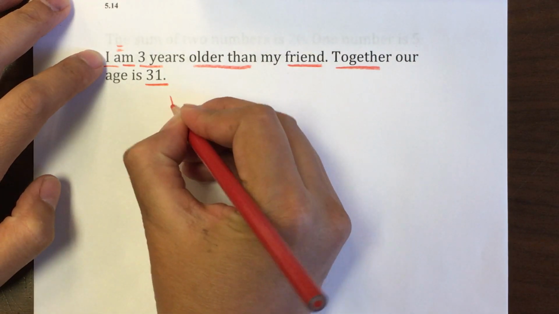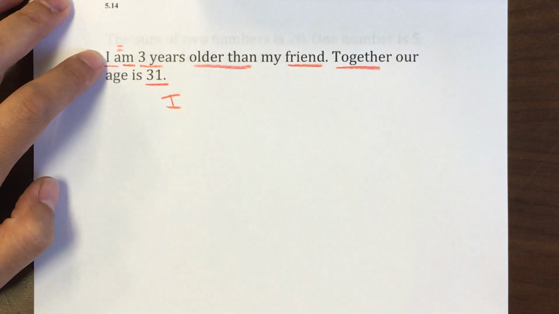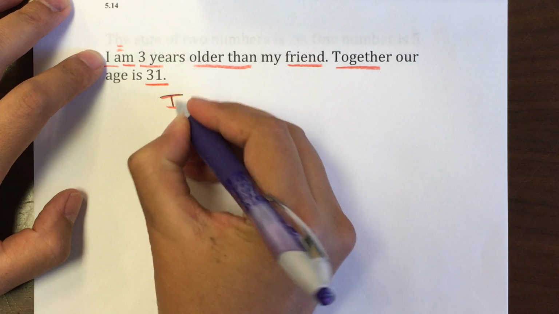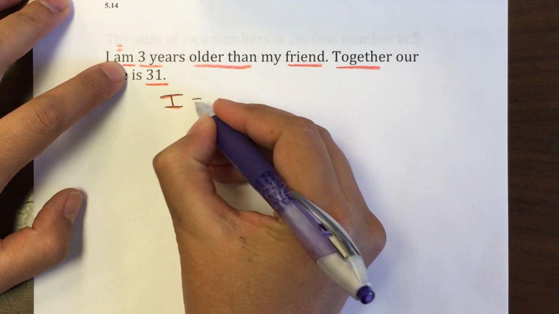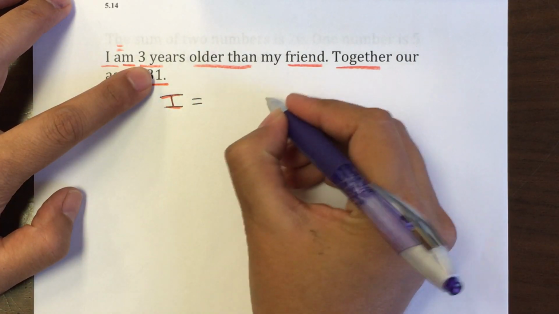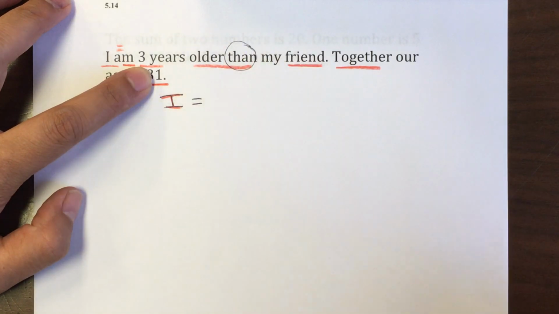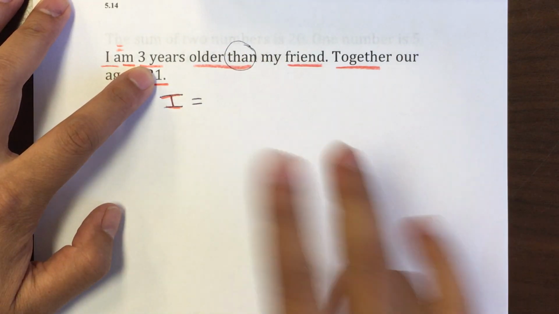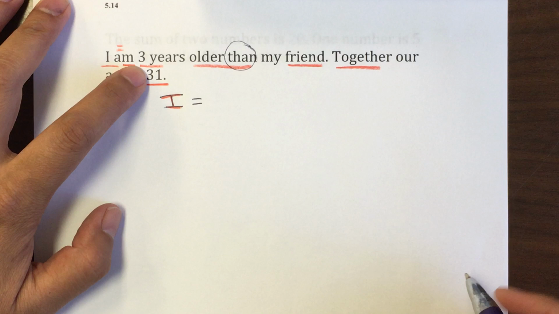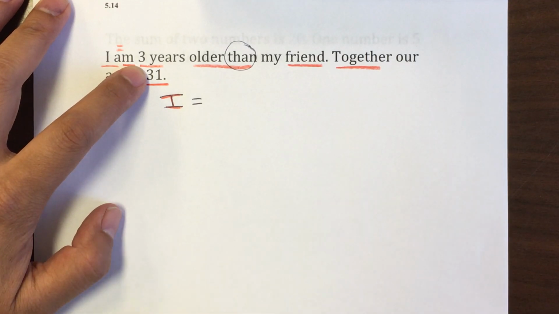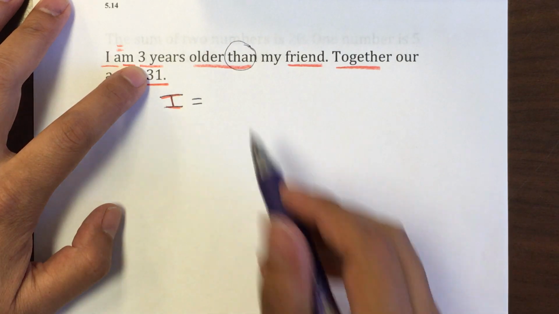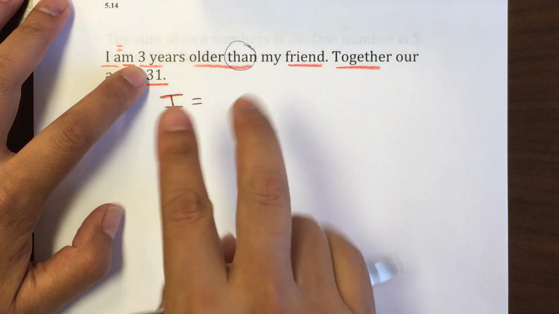Okay, so I am. Remember also that the word than, we switch the order, and if you don't remember, you can just look at previous lessons so that you can look at this vocabulary, but we switch the order.